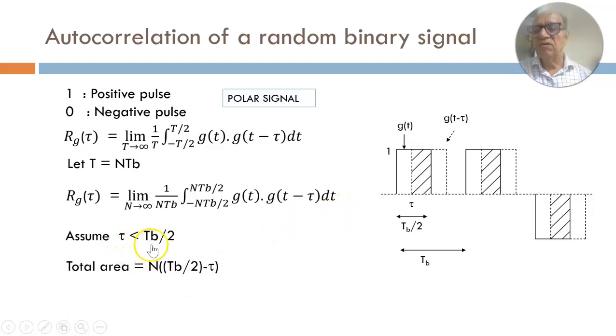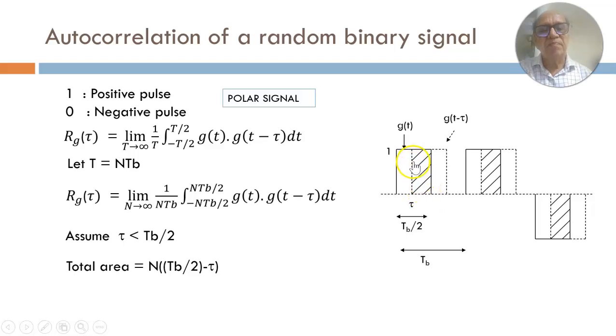Now if you consider tau less than Tb by 2, remember, this is 0, this is Tb by 2, this is Tb. So if you consider the value of tau which is less than Tb by 2, then this is the overlap you are getting.